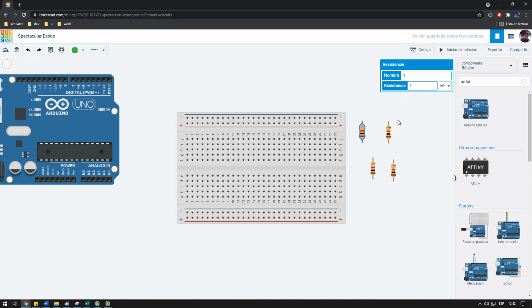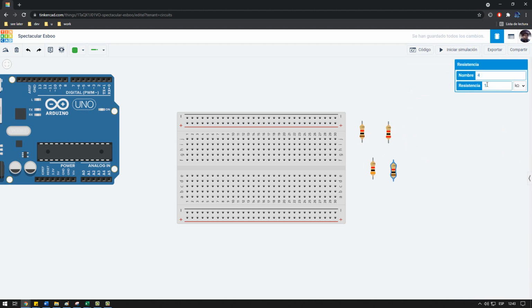So 1 kilo ohm, here 2, here 3, and here 4. Let me check it again. 2, 3, and 4. Okay, done. So 1, 2, and 3. We need to put it horizontally like this.